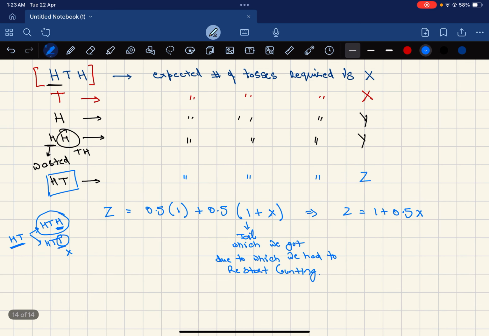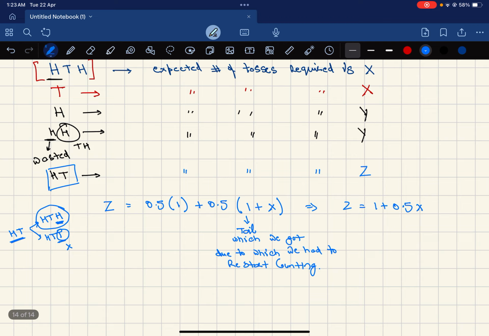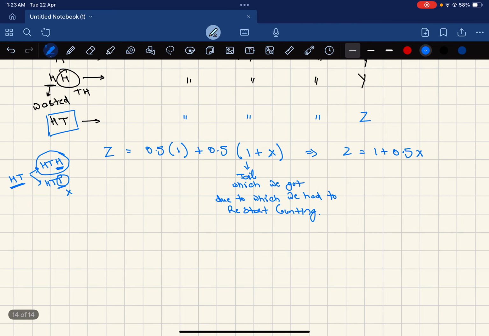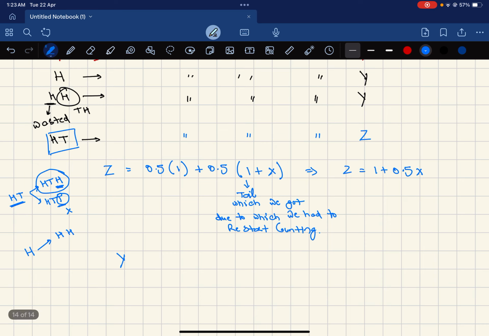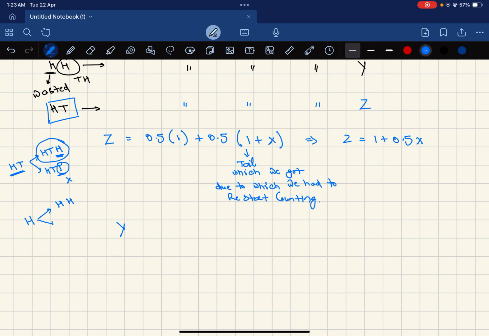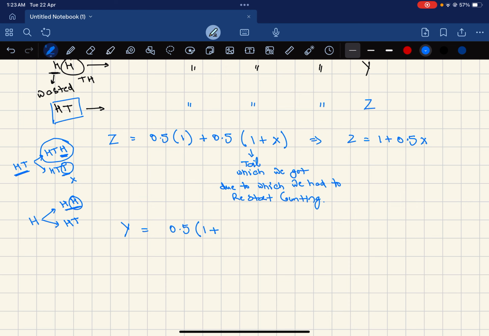Now we have already looked at z. Now let us say we want to calculate the value of y. Y is when we already have an H, and the next could be either H if we get another H, or it could be HT. Now let us first look at HH. Since there's a 0.5 probability to get the next toss as H, and this will be counted as one trial since we are counting this H which we got here.